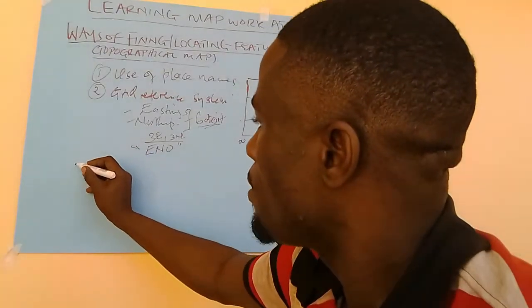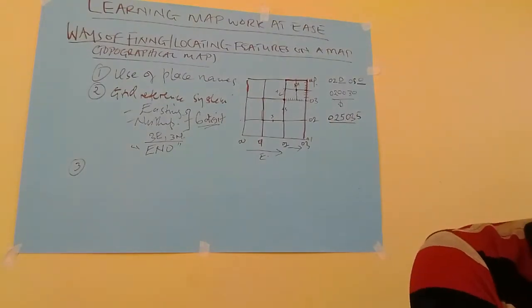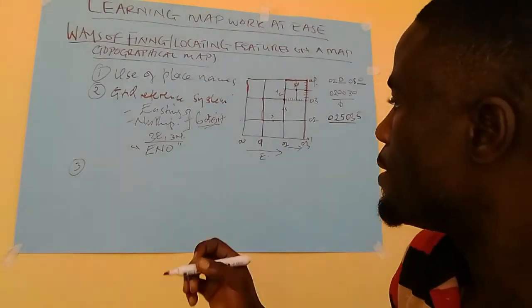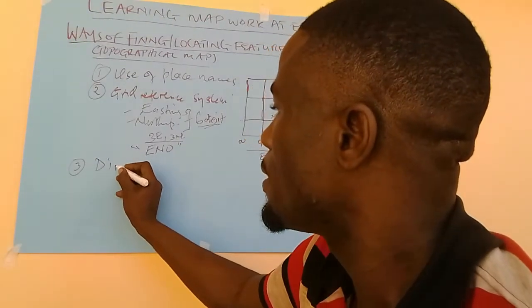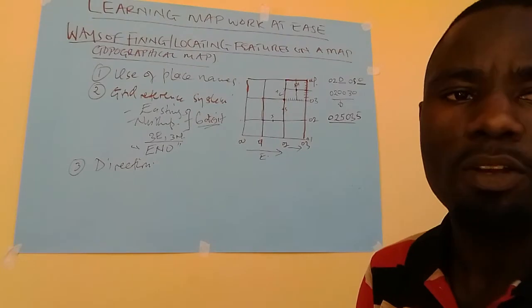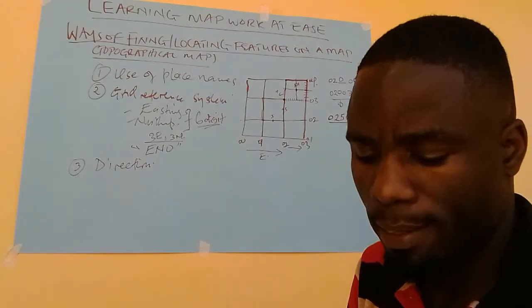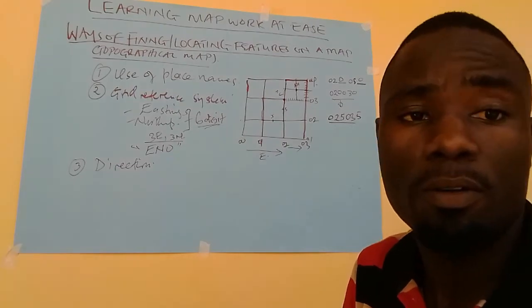Then we have another way of giving evidence. We can use directions. Direction is the location of a place in relation to the north line or north direction.